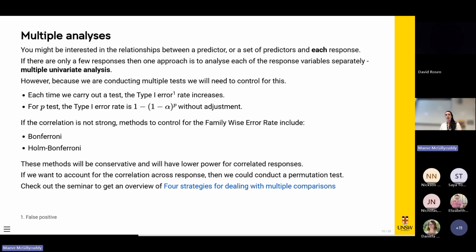Because we're running multiple models and doing multiple tests, we need to control for multiple testing, because the more tests we carry out, the more the type 1 error rate increases, where the type 1 error is a false positive. So we're finding that there is an effect when there's not actually an effect present.